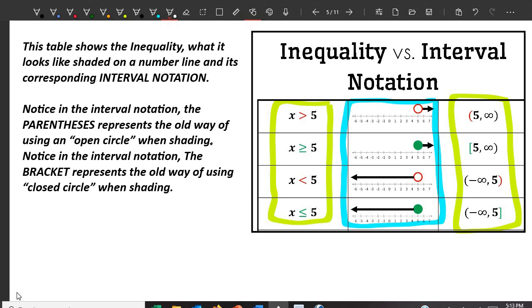Now, let's do some examples. All right, let's say I had x is less than -7. Draw your number line, put a -7. Now, I think it's a good idea if you label the arrows.